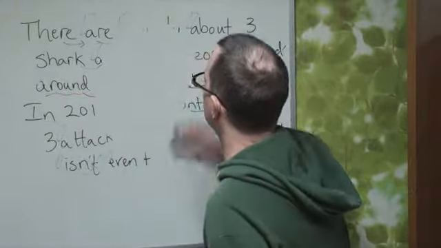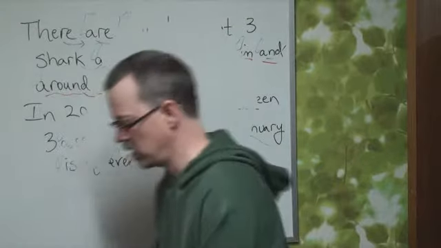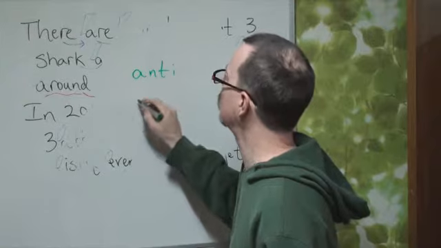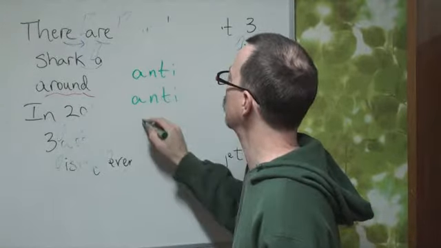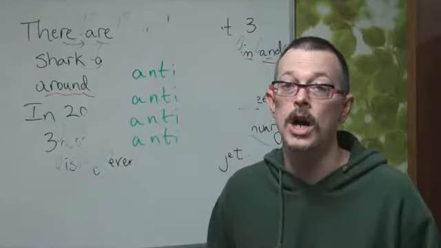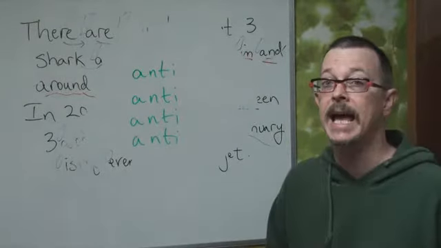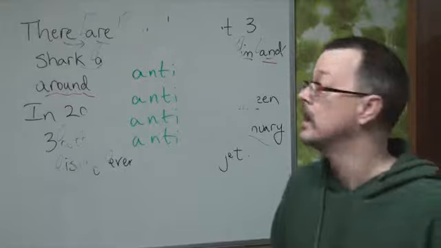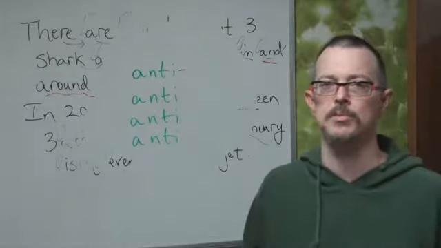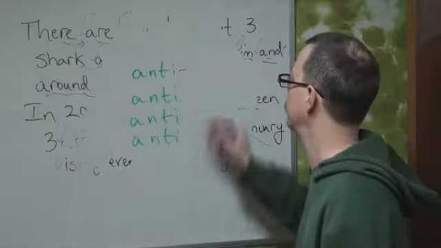And let me write it down. I'll put anti. I'll write it down 4 times, because there are 4 possible pronunciations. Anti-weapons, anti-establishment, anti-government. We'll say that.